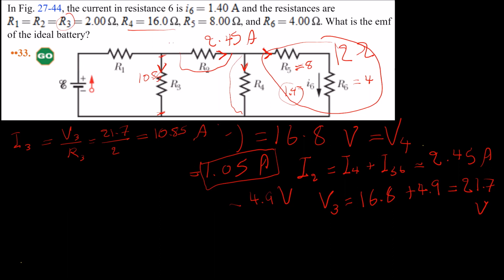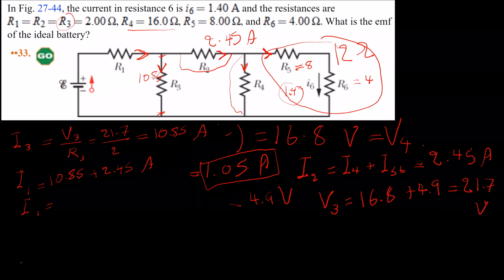And here was 2.45. So I have it here. And then now we can find the current through R1. So I1 becomes the sum of those two, 10.85 plus 2.45, so I1 is 13.3 amps.